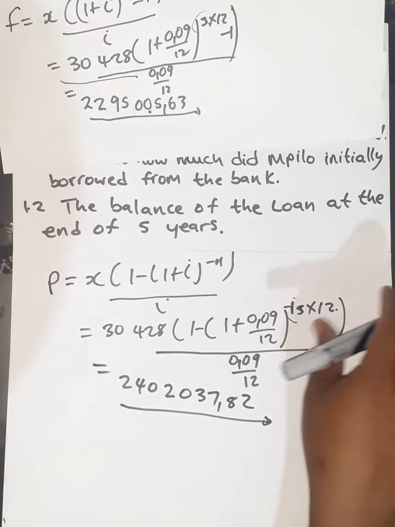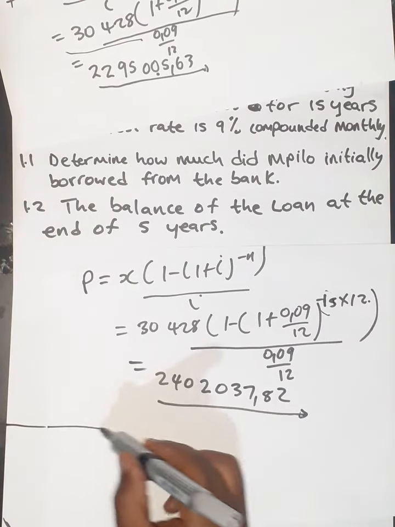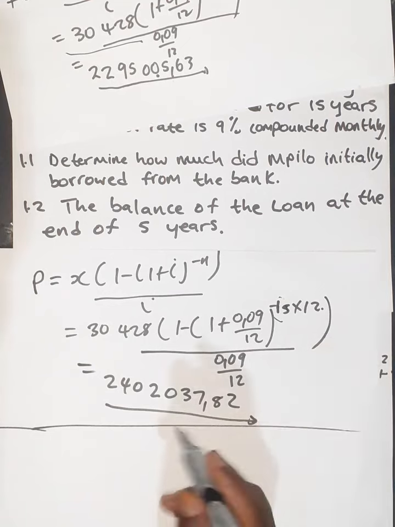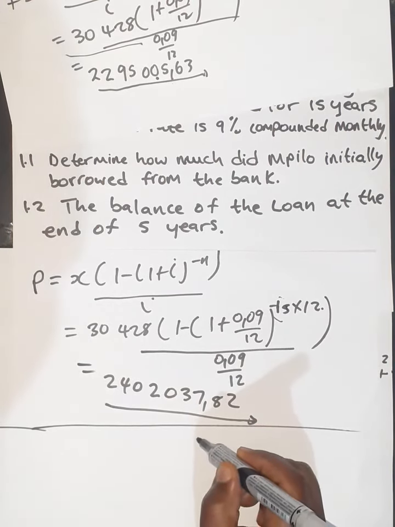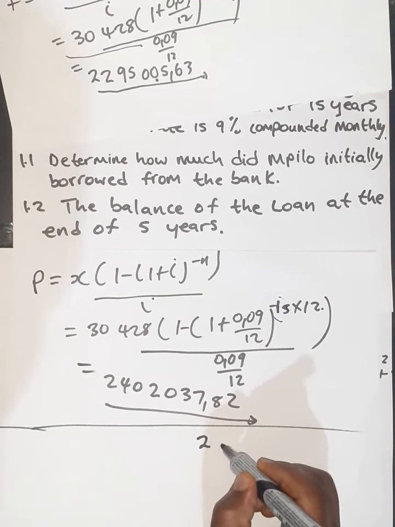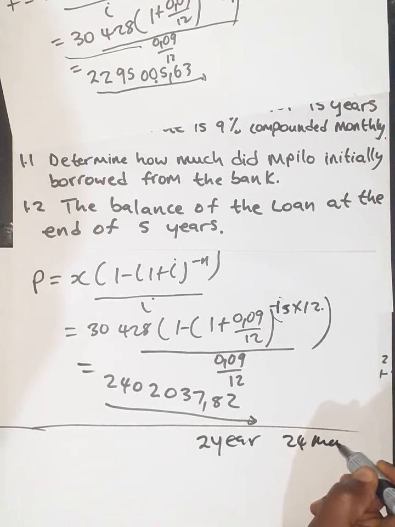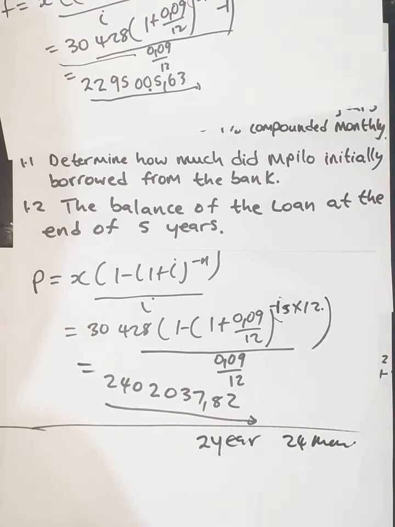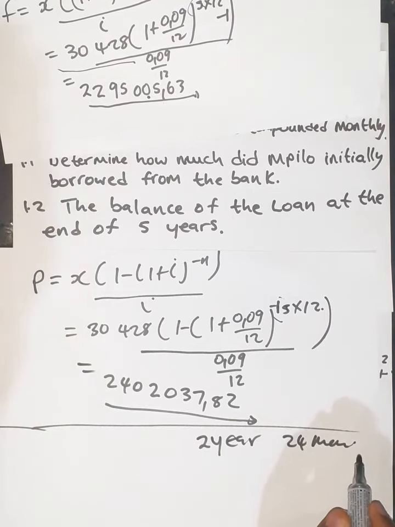For example, let's say you are saving for 2 years, which is 24 months, and the question asks for the outstanding balance after 7 months.